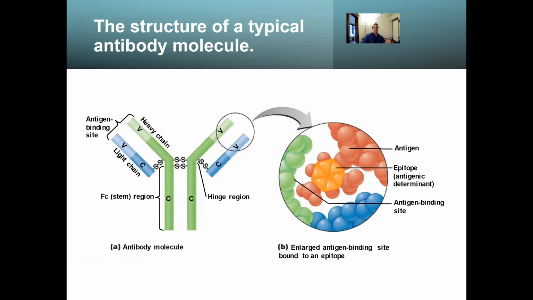Very important. There are lots of different pathogens and viruses out there, I'm sure you are getting a pretty good idea of that by this point. So we need a large variety of receptors, and that is how that is accomplished essentially.